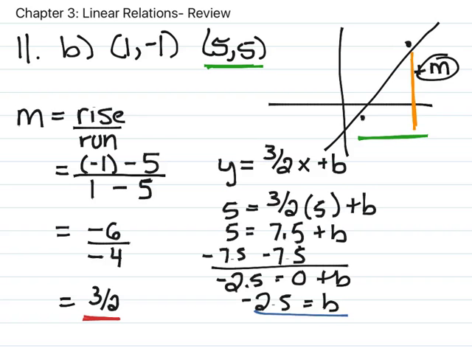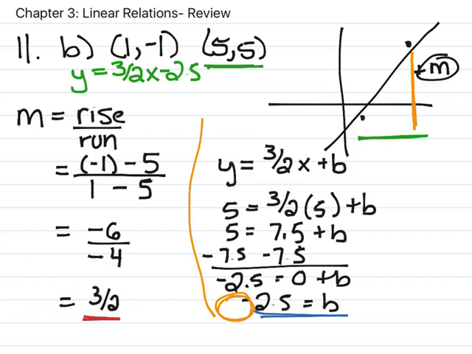So there's your b value, and your final equation is y is equal to 3 over 2x minus 2.5. Again, it's very important to remember to carry the sign that is in front of the b all the way up to your equation.